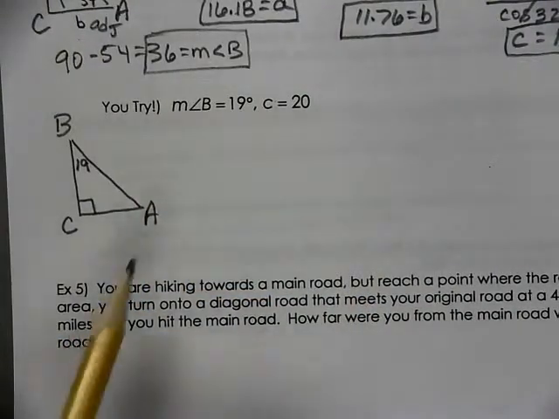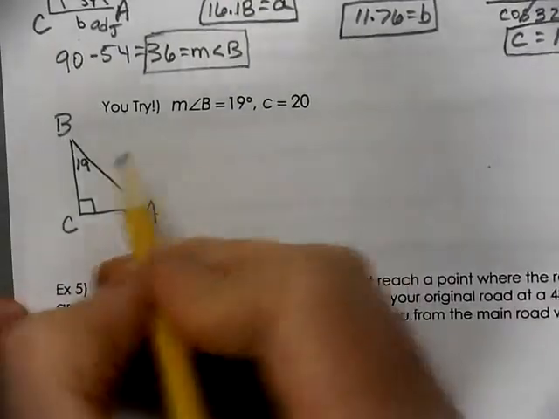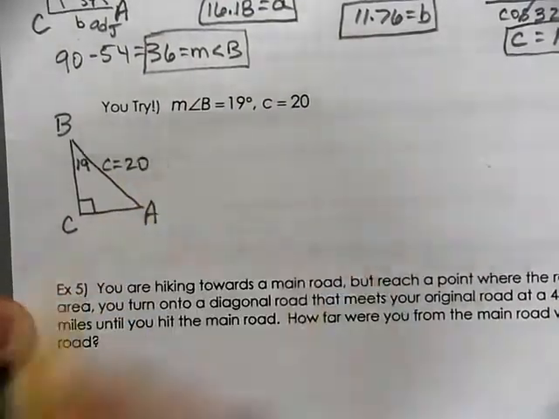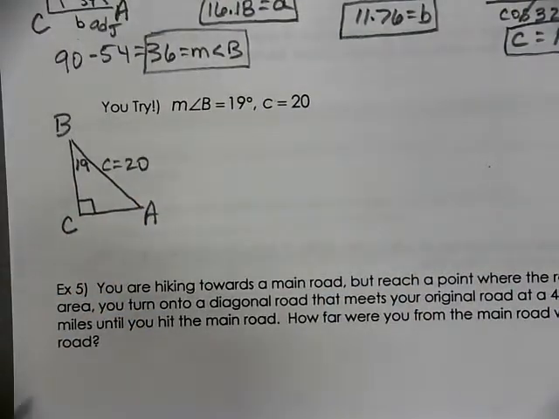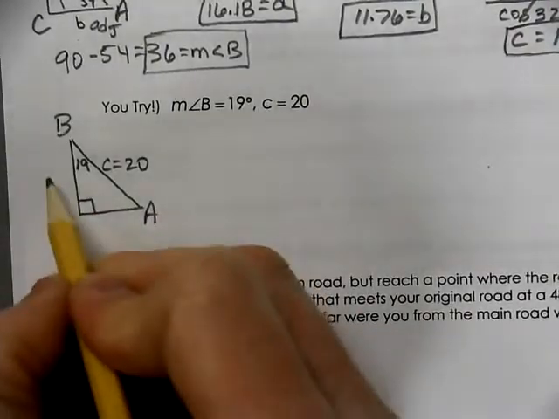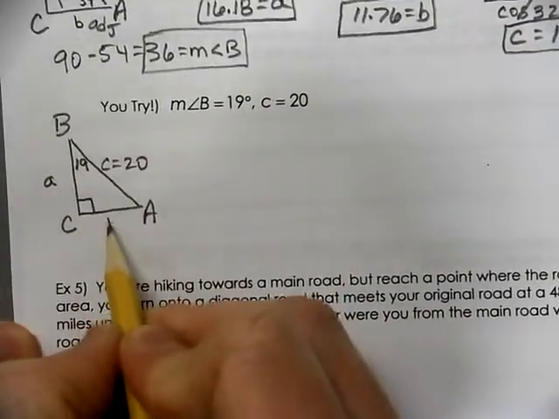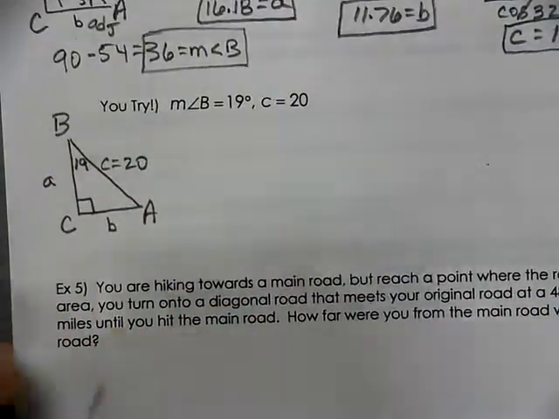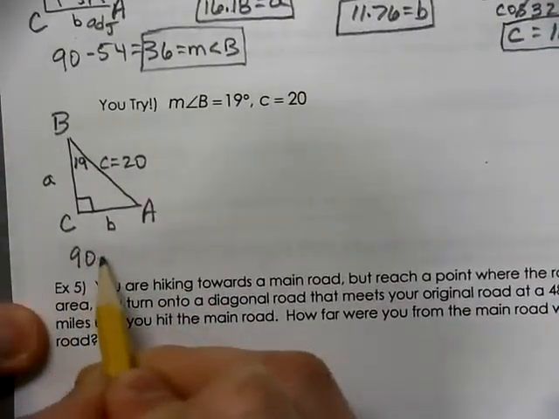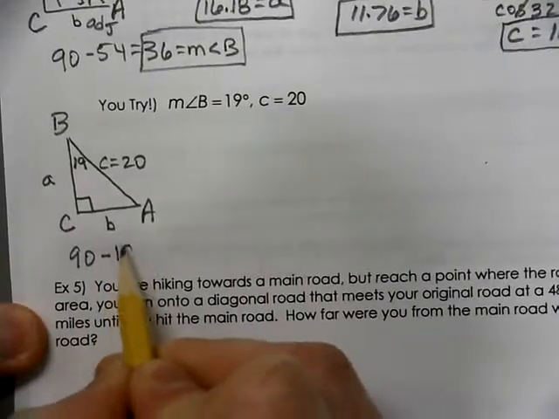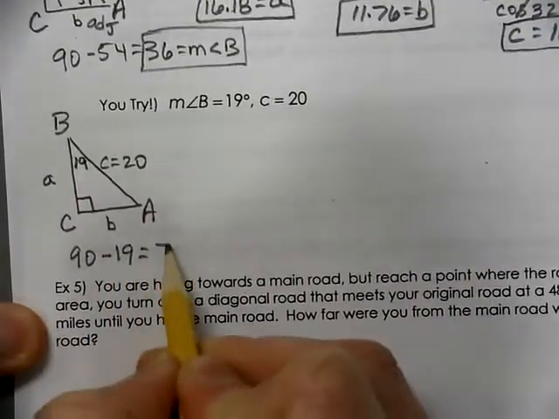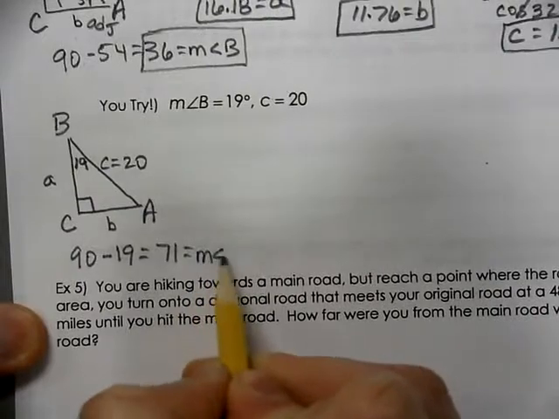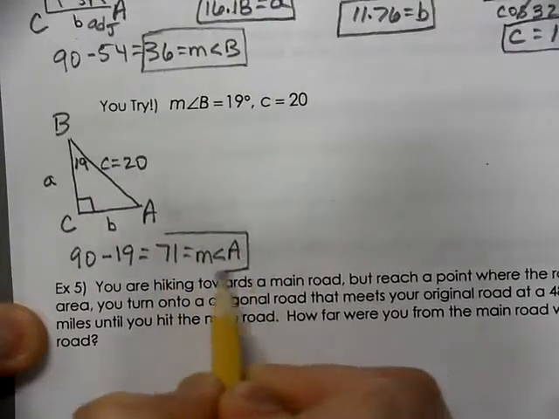So now we need to find angle A. We know what side C is, and we need to find side A and side B. Remember that side A is always across from A, and side B is always across from B. So 90 minus 19 gives us 71, and that's the measurement of angle A.